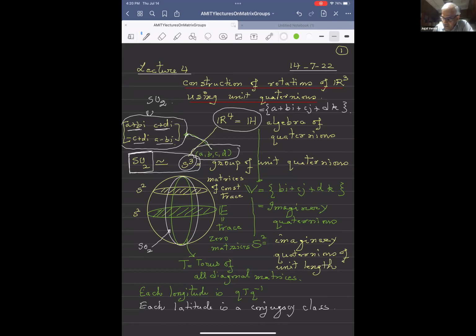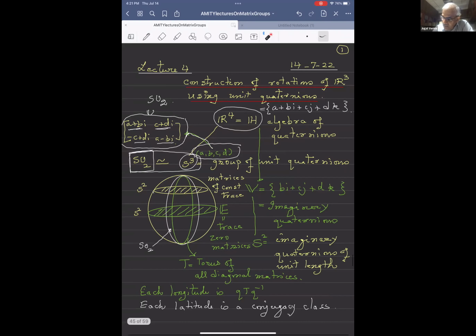Latitudes are spheres obtained by cutting the 3-dimensional sphere with planes parallel to the equator, where a equals 0. The points on this boundary correspond to the quaternions where the a coordinate is 0.